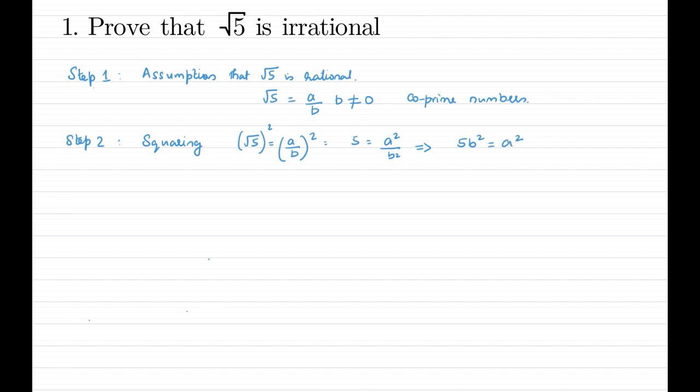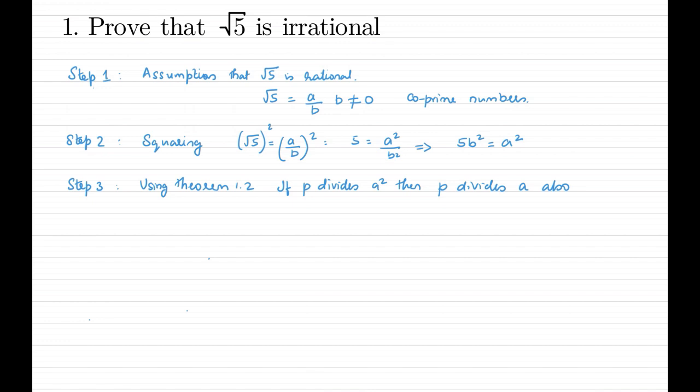Now step number 3 is using theorem 1.2. What does theorem 1.2 say? If a prime number divides a square, then that prime number will also divide a. So step 3 is using theorem 1.2. If p divides a square, then p divides a also.